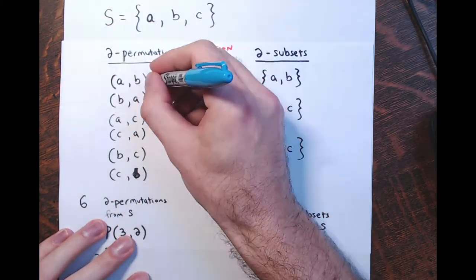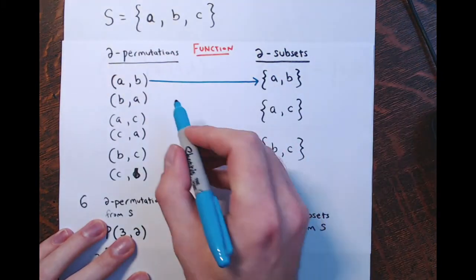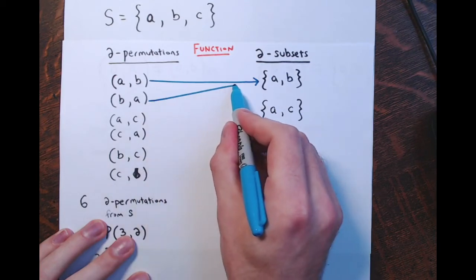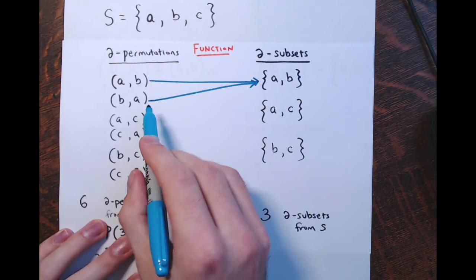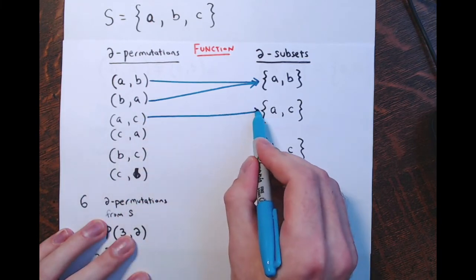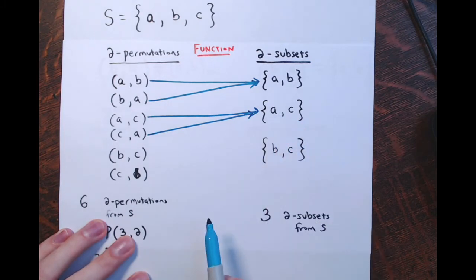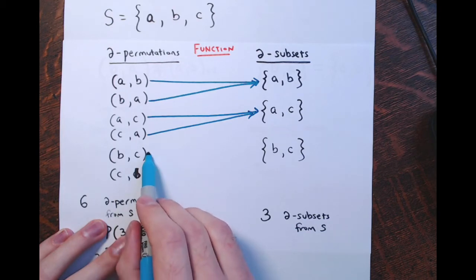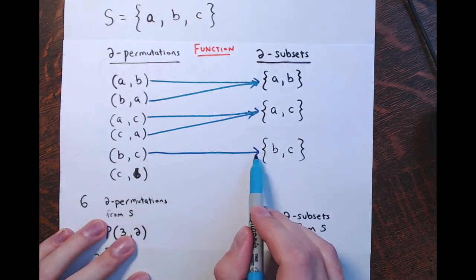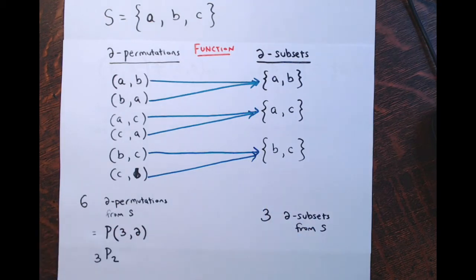Okay, so this would map to this, and this one with BA would also map to this. And then the ones with A and C and C and A, both of those would map to the subset with A and C. And then the permutations with B and C and C and B, those would map to the subset with B and C.